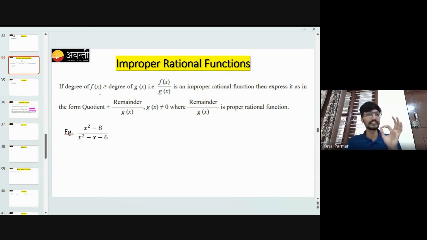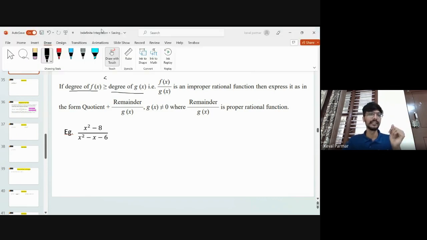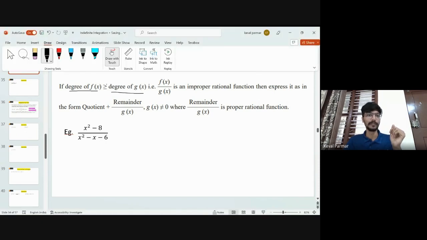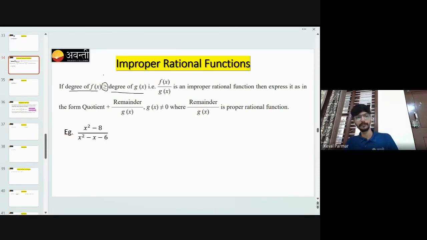Proper rational function means the degree of the numerator is less than the degree of the denominator. And an improper rational function is one where the degree of the numerator is greater than the degree of the denominator. Got it? So these are called improper rational functions.